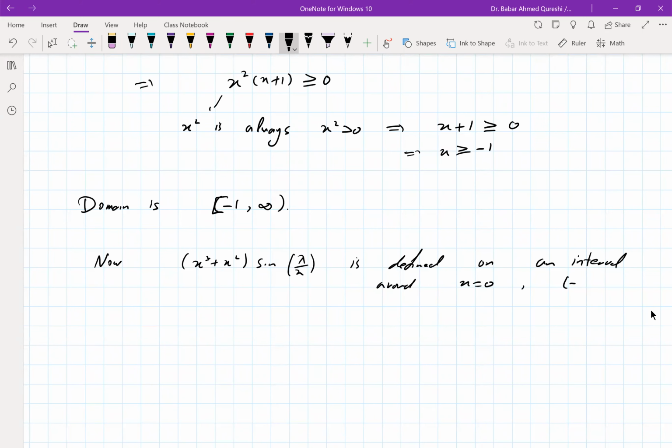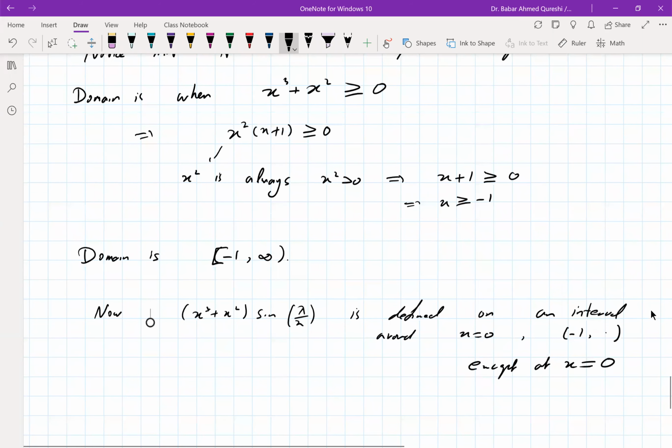Well, at least it's defined for this interval, except at 0, but that we don't care. So we can at least try finding the limits. And the domain is this.